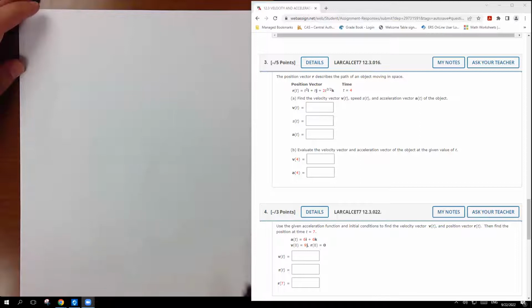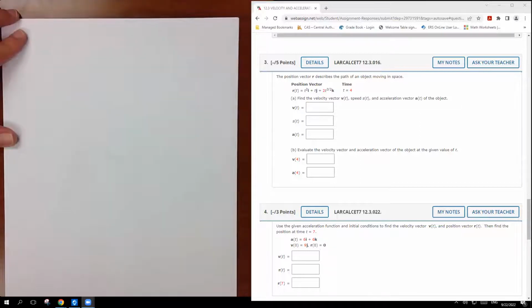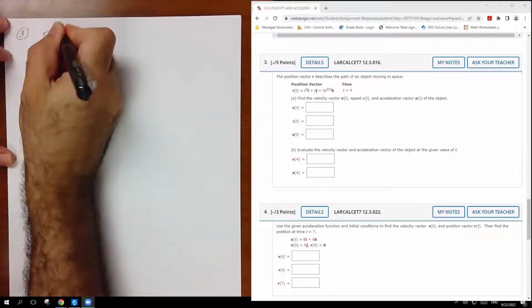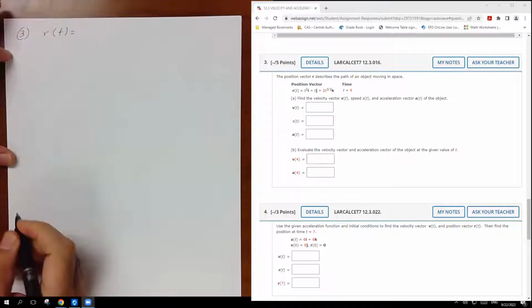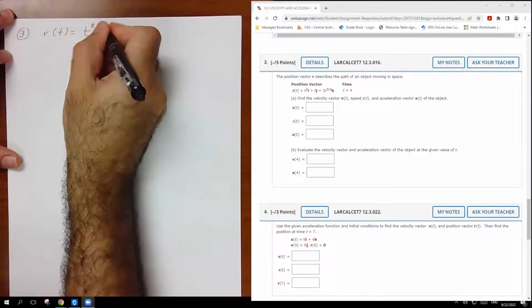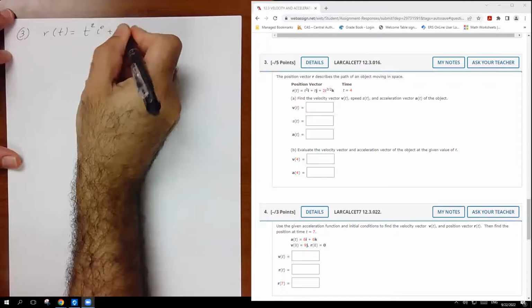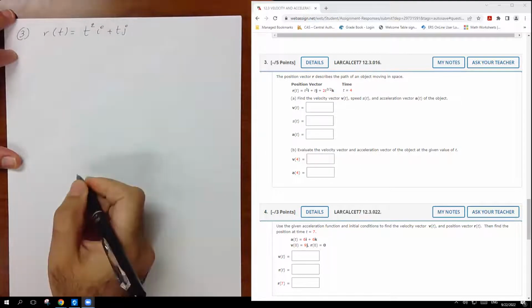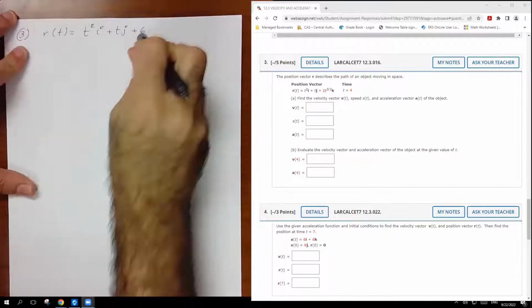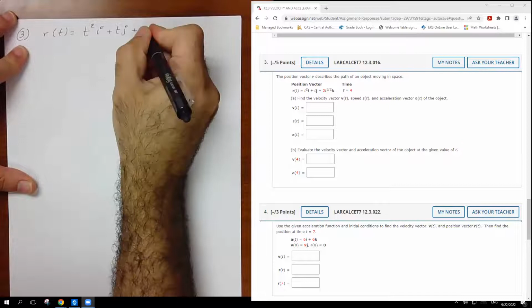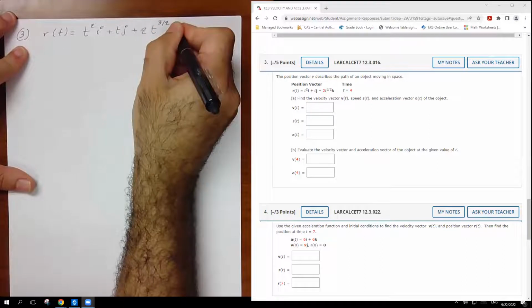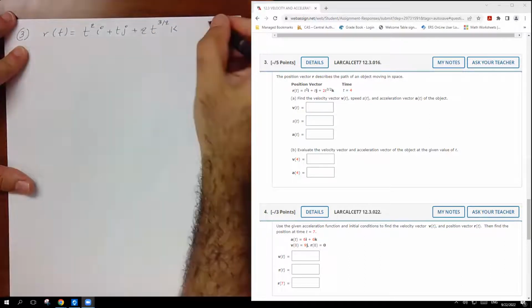So now with the third one, we have the position vector r of t equal t squared i plus t j plus 2t to the 3 over 2 k, and the time t equal 4.